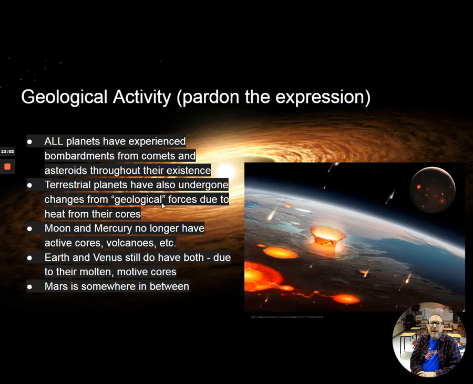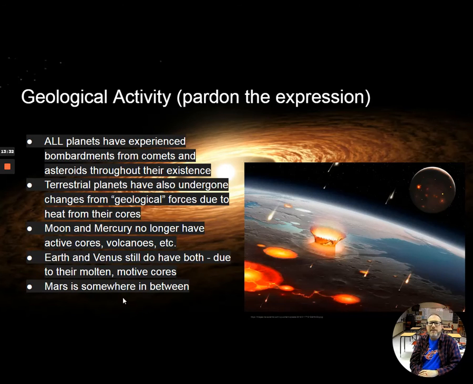And that all results from the inner planets having been molten at some point, having very hot inner cores. Now, out of the 5 rocky bodies toward the center of the system, the Moon and Mercury don't have any kind of active geology going on. Because they're much smaller than all the others, they are thought to have cooled down from the inside out much more quickly, so they don't have any plate tectonics, they don't have any liquid core left.